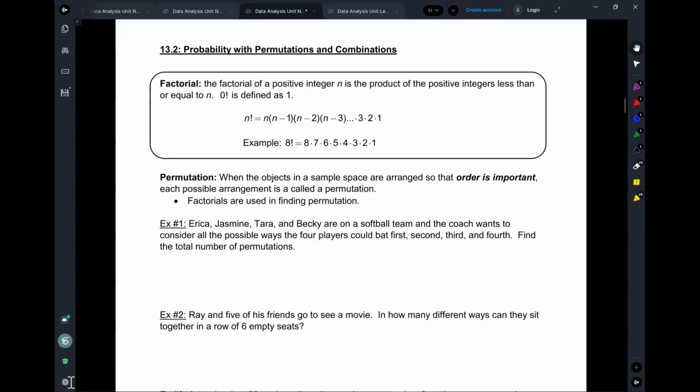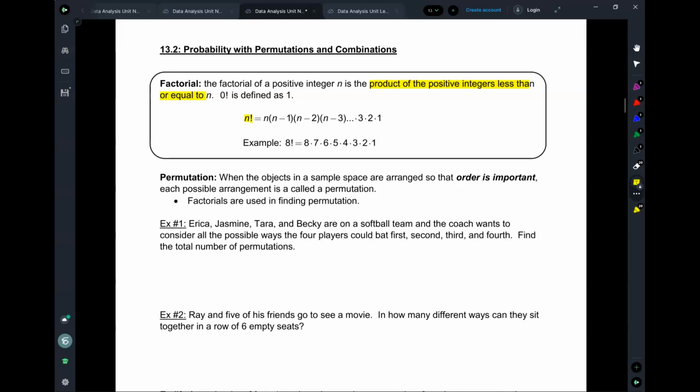After this. So a factorial of a positive integer is the product of the positive integers less than or equal to that number. Okay, so for example, if you have n factorial, right?